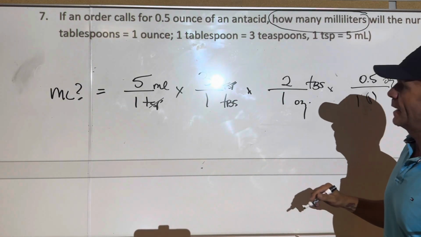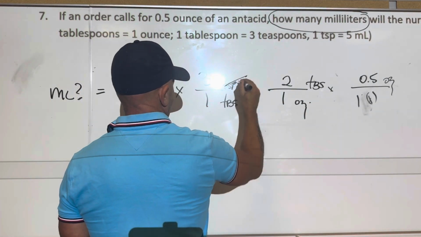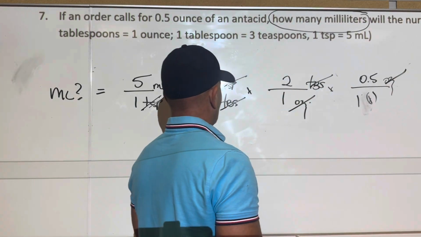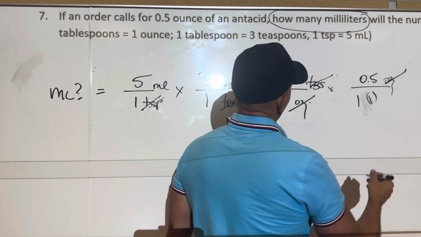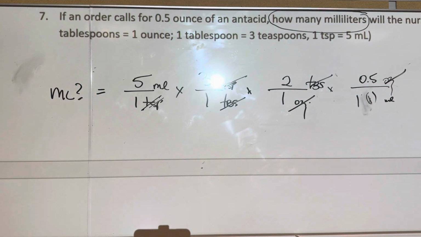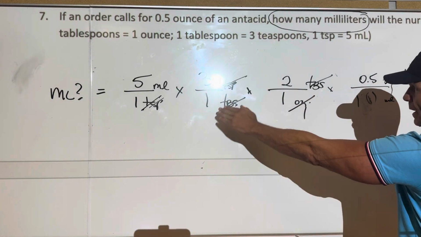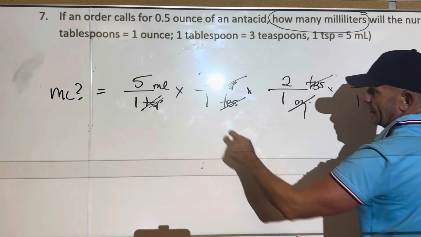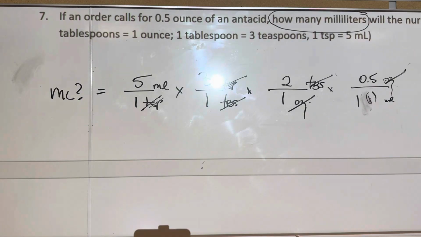So, again, teaspoons, teaspoons, tablespoon, tablespoon, ounce, ounce. But look, here's your mLs, and that's what we're looking for. We're looking for how many mLs, see? So you should always form your equation where everything goes like this, and the end of your equation should always be over here to see what you're looking for. Okay?